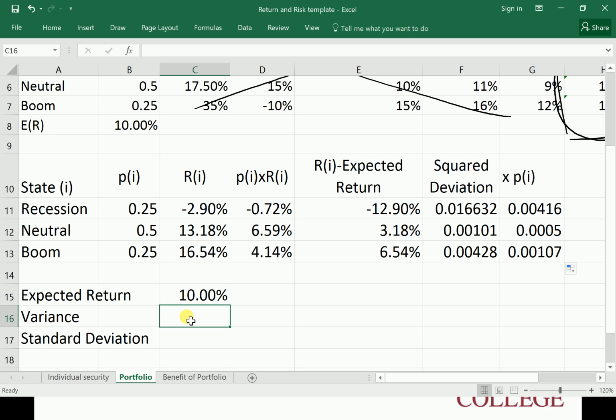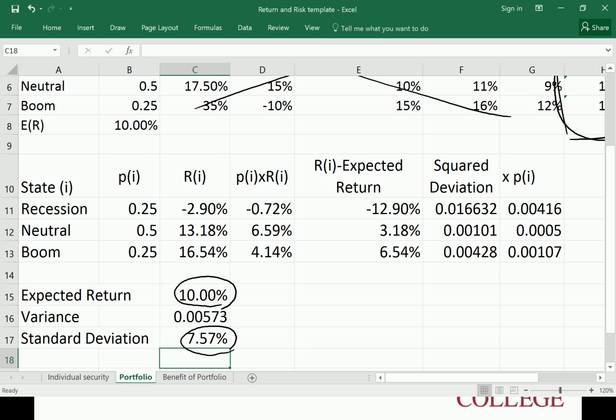And the sum of these three will be the variance, and the square root of the variance will be the standard deviation, 7.57%. So for this portfolio, the expected return is 10% and standard deviation is 7.57%.